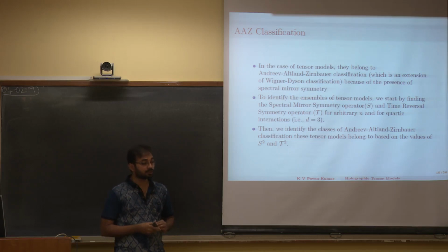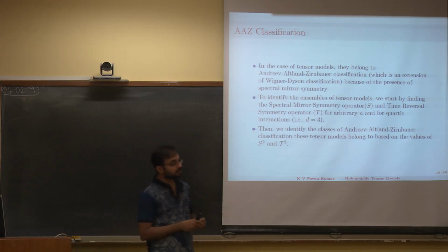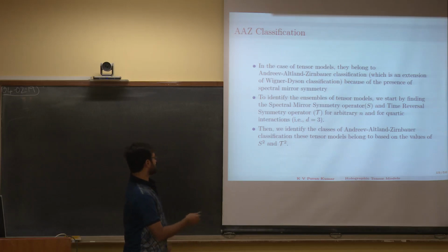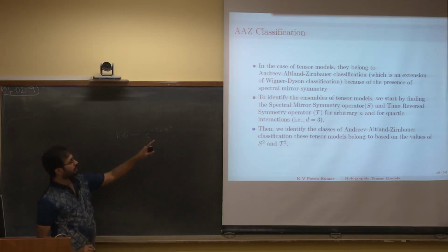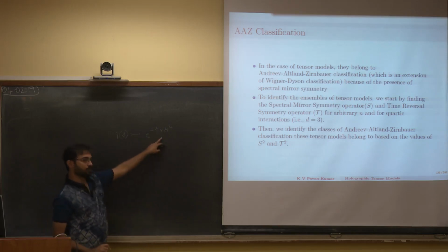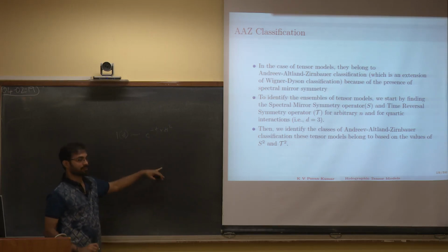Just to repeat the question: are these things some kind of matrix models, this Altland classification? These classes are characterized by, for example, for one of the Wigner-Dyson ensembles, you just give the probability distribution. That's the story about Wigner-Dyson. About these other ones, I don't know the specifics, but I assume they would be extensions of this.